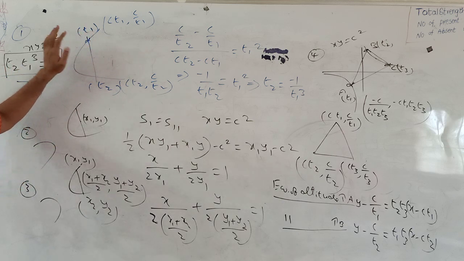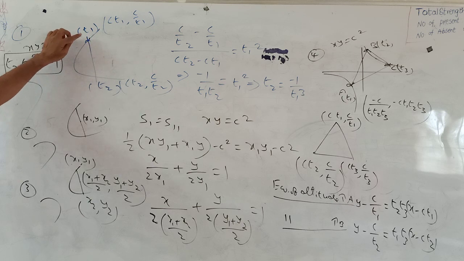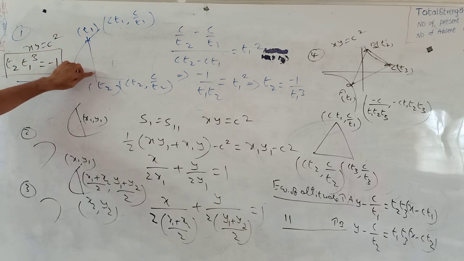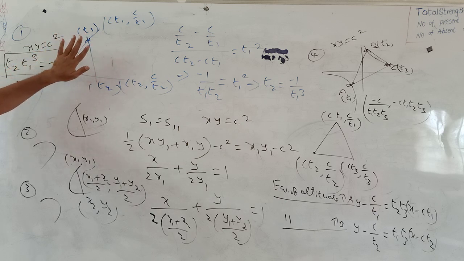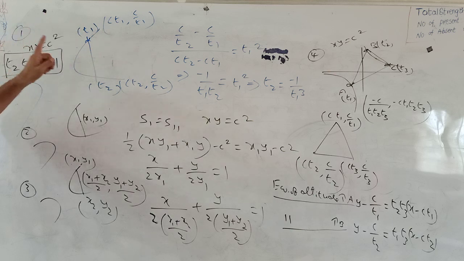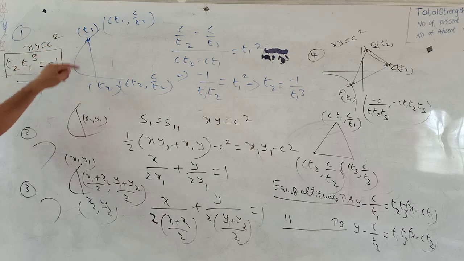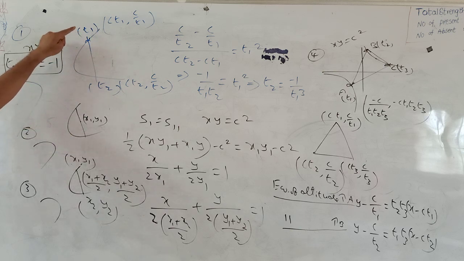See, the normal at T1 cuts the rectangular hyperbola again at T2. Then what is the relation between T1 and T2? See the figure. This line represents two lines. One is the normal at T1. The second is the line passing through the 2 points T1 comma T2. Slope of the normal at T is T square.